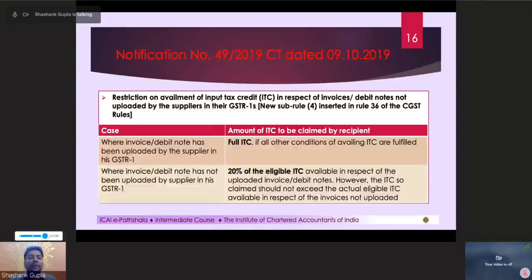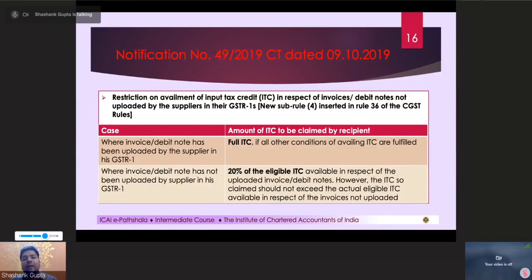Hence, the government introduced an upper limit. Upper limit meaning, government said that whatever credit is appearing in your GSTR 2A, you can only avail 120% of that maximum, not beyond that. So earlier, suppose in 2A only 10 lakh rupees of credit was appearing, but the person could avail 1 crore as credit, 10 crores as credit, basis his own self-assessment.